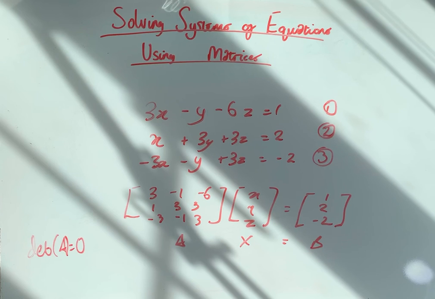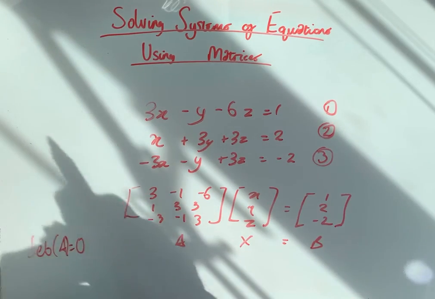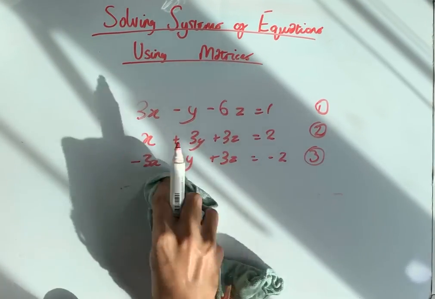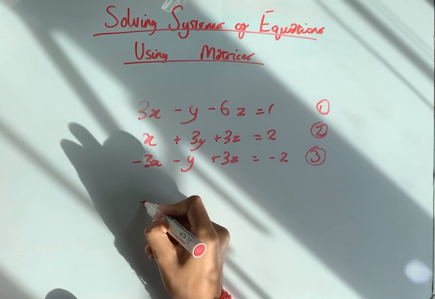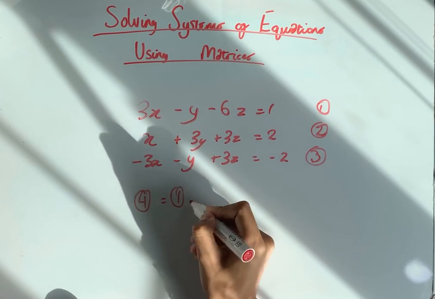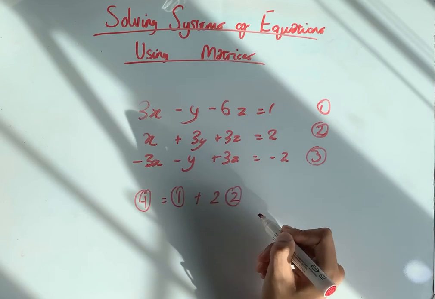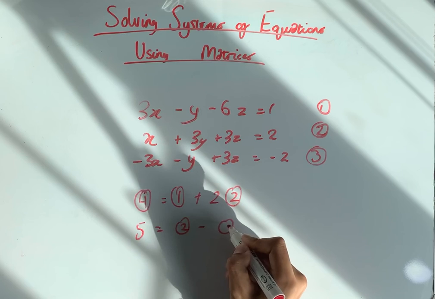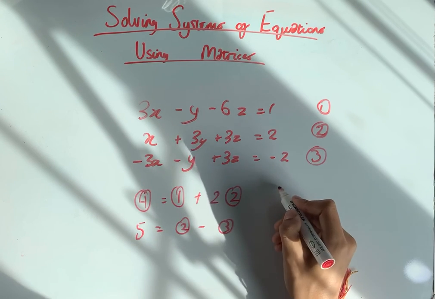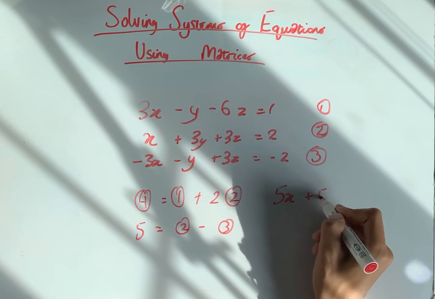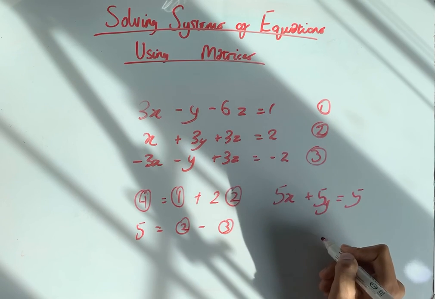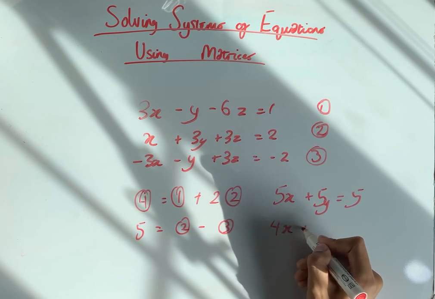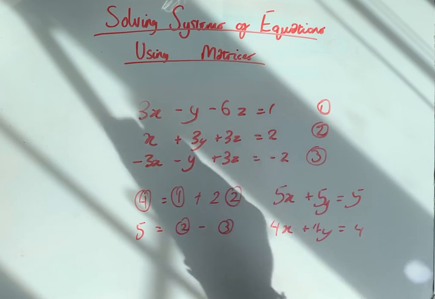To find out, we're going to form two equations from the original by using one to eliminate a variable from the other two, like so. I'm going to say a new equation, 4, equals 1 plus 2 times 2. I'm going to say 5 equals 2 minus 3. Now this will get us 5x plus 5y equals 5, and 4x plus 4y equals 4 respectively.